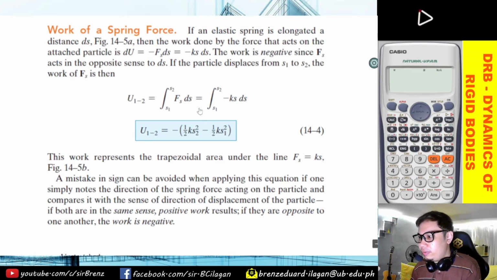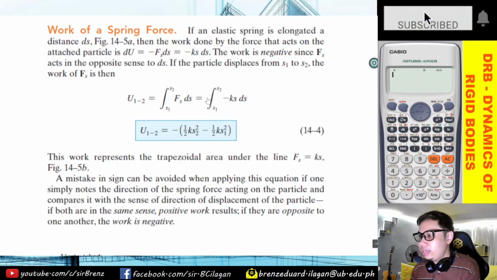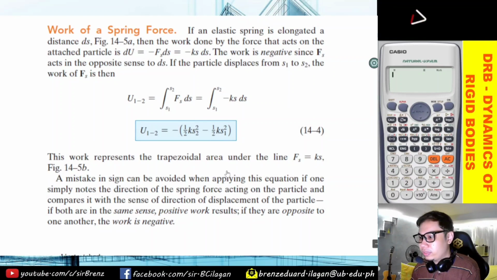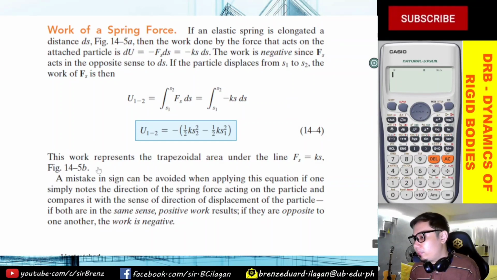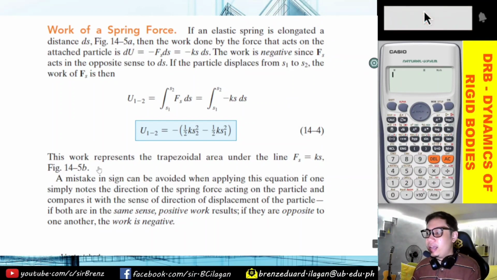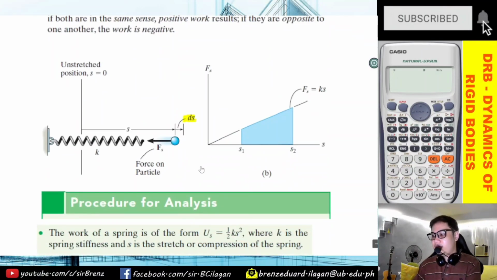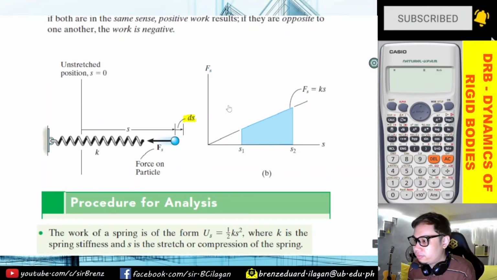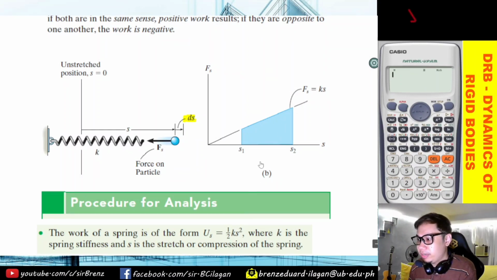Okay, so the equation will be, again, just substitute yung negative ks dun sa F sub S natin, ds. So our equation is negative 1/2 of k s2 squared minus 1/2 of k s1 squared. So this work represents the trapezoidal area under the line Fs equals ks under the Figure 14-5b. Ito. So, trapezoidal daw yung shape niya.